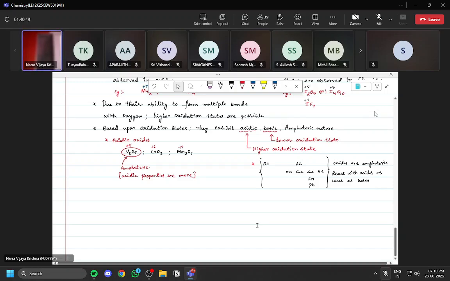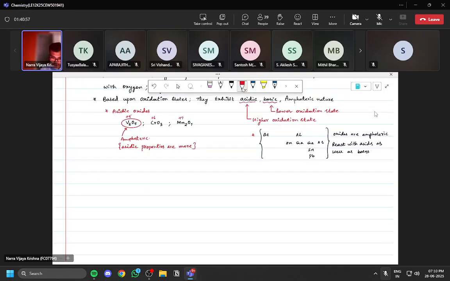So zinc is amphoteric. Correct? In addition to zinc, other elements in different oxidation states are also amphoteric. So I am writing amphoteric oxides of D block in different oxidation states.